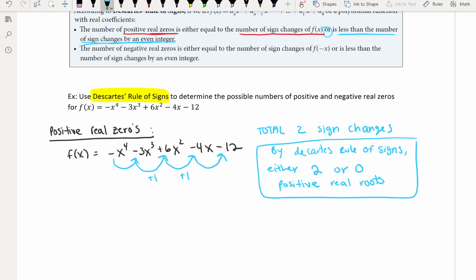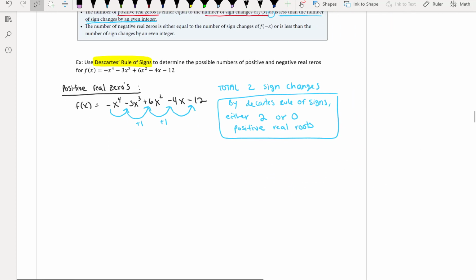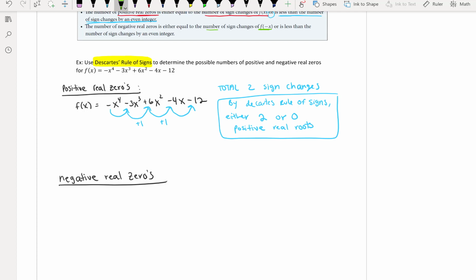All right. So now the next thing we're going to look at is the negative real zeros. For the negative real zeros, this is slightly different, and it specifically says the sign changes of f of negative x.